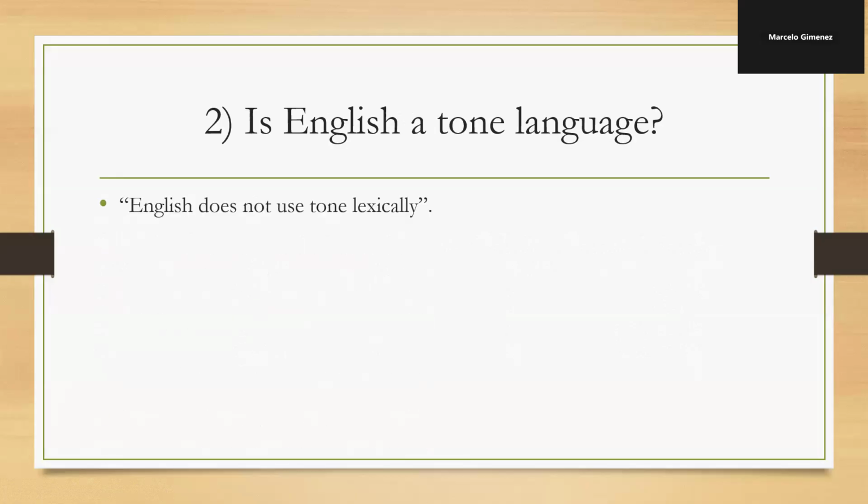English does not use tone lexically, I mean, to change the meaning of words. If we use a falling tone on a word like yes or stone, and then a rising tone on the same word, does the meaning change? Not at all. English uses tone just for the sake of intonation.